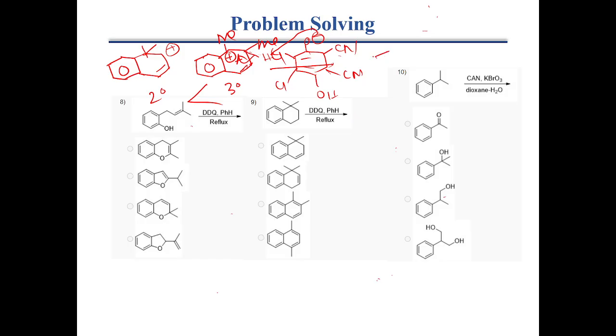It will form this one. I think this is clear. So the right answer is this one, after DDQ treatment and 1,2 methyl migration, giving this product.